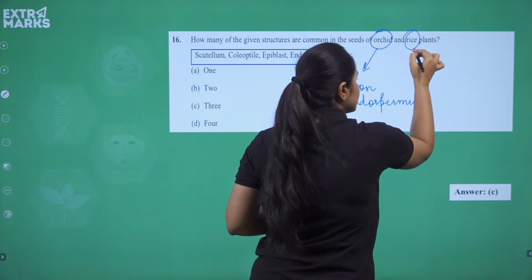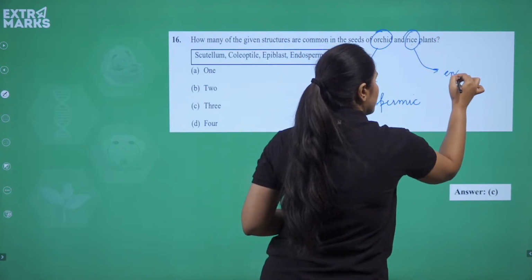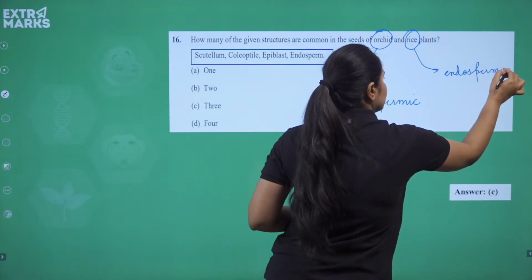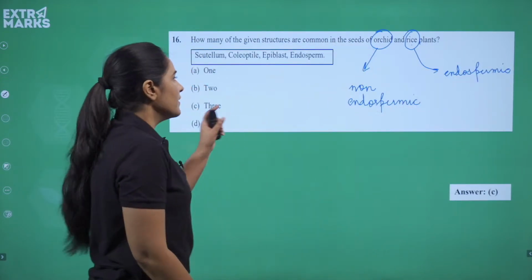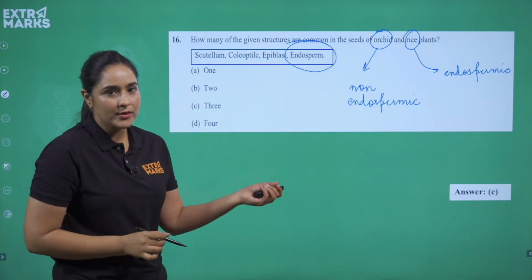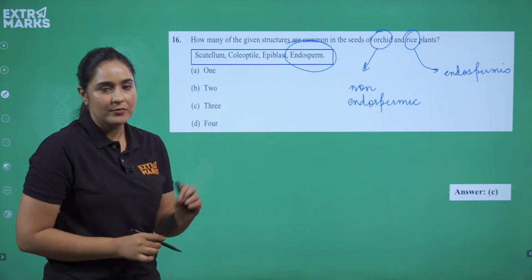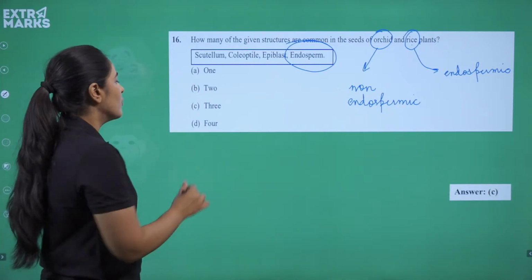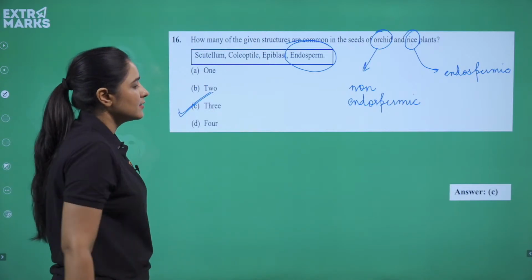And rice, it is endospermic. So obviously we can remove this as it is not common for both. We are having only 3 here which are common for both rice and orchid here. So 1, 2, 3, 4. C option here is correct.